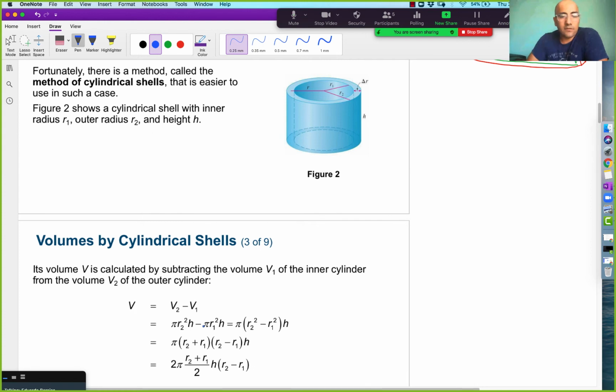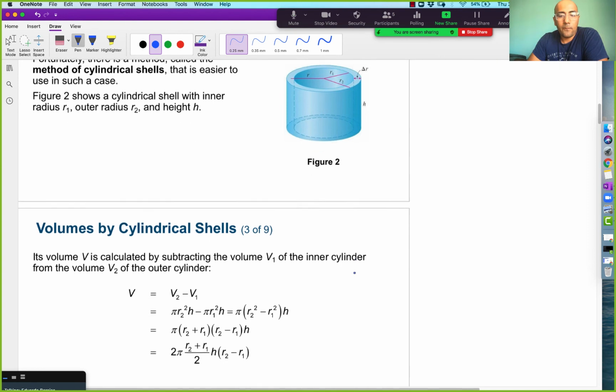So if we subtract them, the solid cylinder with no hole minus the empty space, we get this little equation. And this equation is the volume of just this shell with a thickness delta r, where delta r is the difference between r sub 2 minus r sub 1.